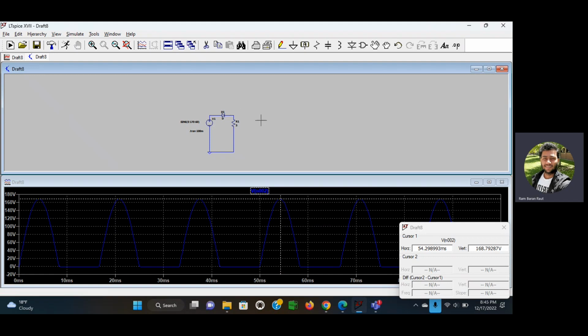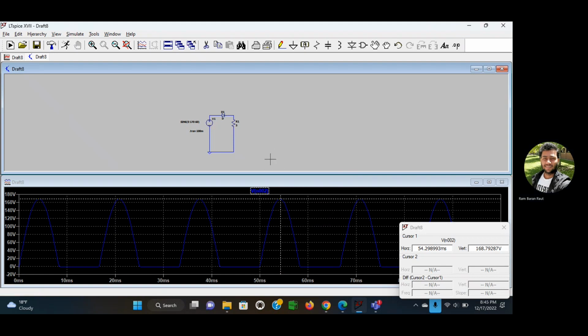Right now, this is the half-wave rectifier circuit, and in this condition, the diode is forward biased. It means whatever voltage we have over here, we are also getting over here. This value gives the peak amplitude, which is almost 168.79.